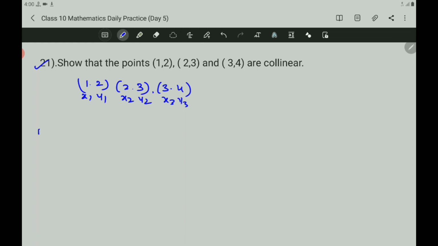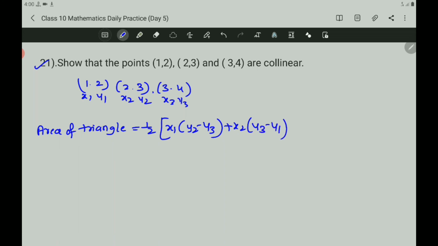Then you write the formula for the area of the triangle. Area of triangle equals half into x1 into (y2 minus y3) plus x2 into (y3 minus y1) plus x3 into (y1 minus y2).